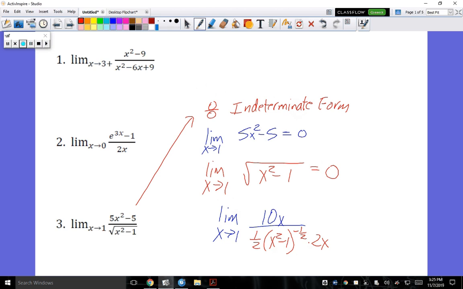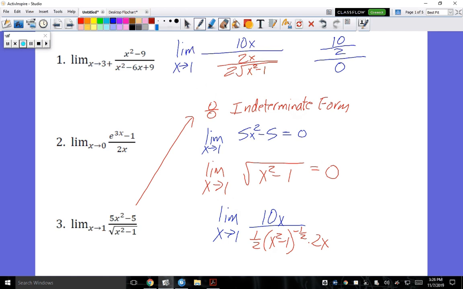If I simplify this bottom piece, technically it's 2x over 2 square roots of x squared minus 1. It's still all under 10x. Go with me? What do we always do before plugging in this 1? We have to simplify. Because if I plug in a 1 right now, I'm going to get 10 over 2 over 0, which technically should be does not exist.